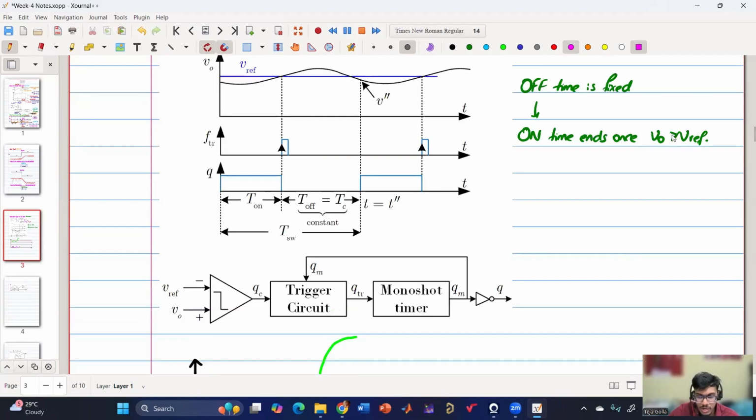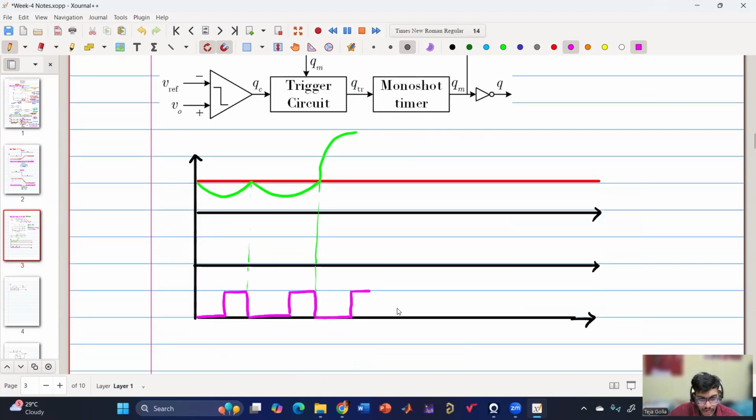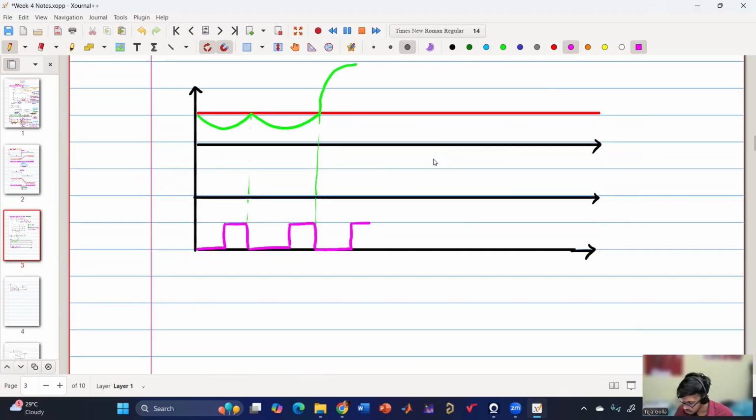So it is not just above; it ends when V naught is crossing V reference while increasing, but it is already above V reference. So now the on time will not end and V naught will keep on increasing. So in this case, it is opposite: there the off time is not ending, here the on time is not ending.